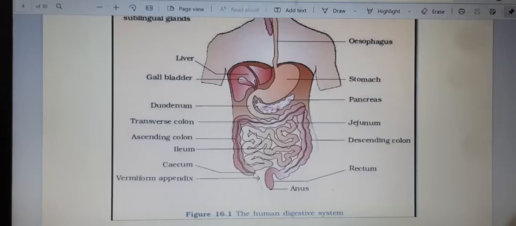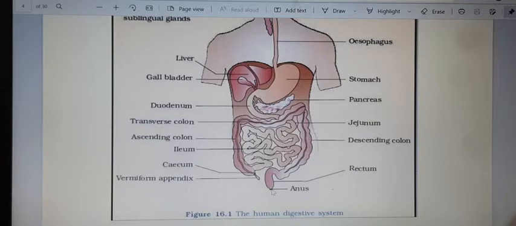There is a blind pouch like structure, we call it vermiform cecum, and this cecum contains a process called vermiform appendix. Then the large intestine is having again ascending colon, then transverse colon, then descending colon, then sigmoid colon, and then the anus.